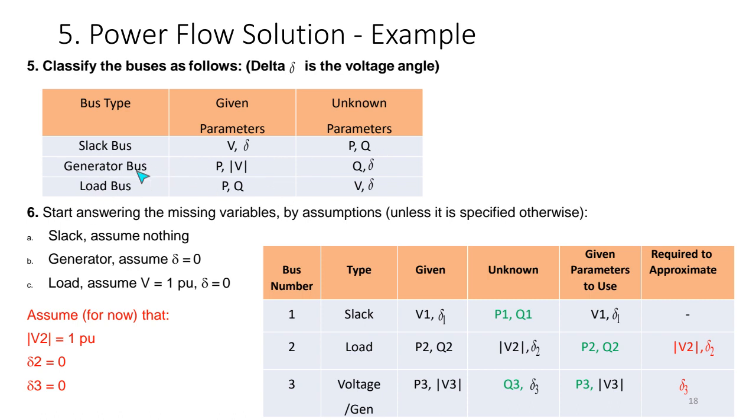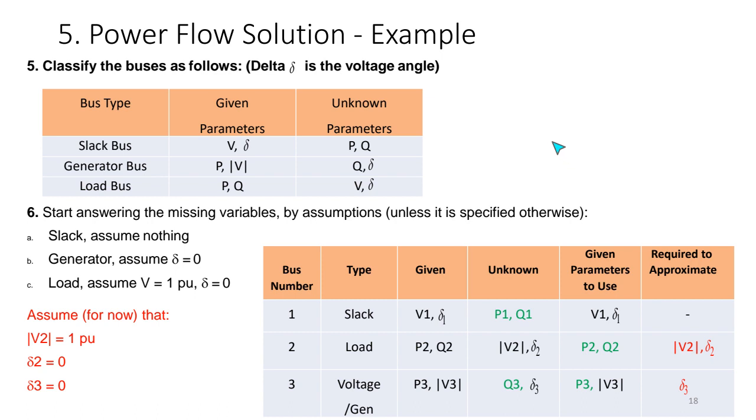For the generator bus, called a PV bus, P and V are defined, and the other two parameters, reactive power and phase angle, are determined at the end of the load flow. And for the load bus, we need to initialize P and Q. It means 400 megawatt and 250 megavar is the initialization, and at the end of the load flow, we need to determine the voltage and phase angle for that load bus.